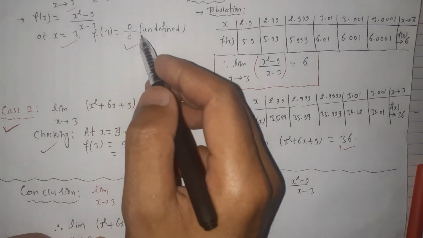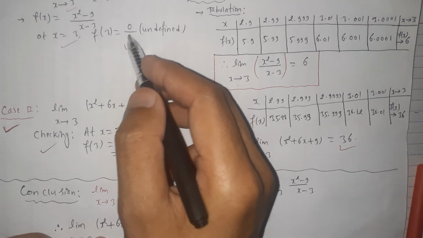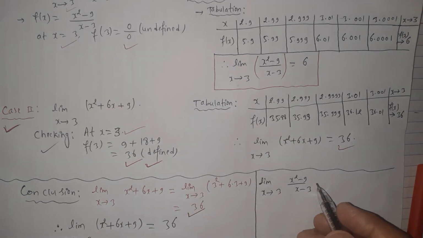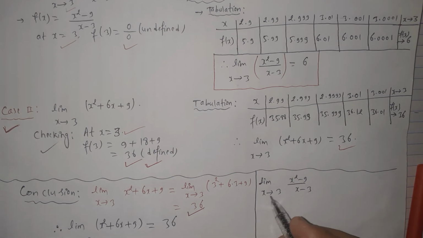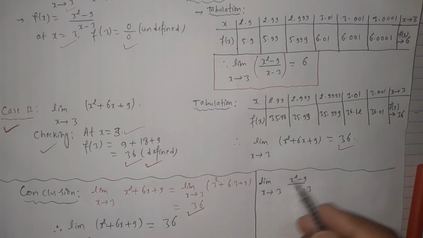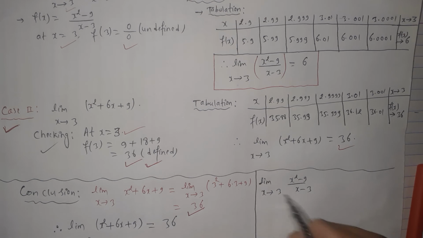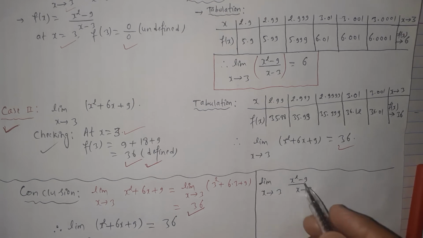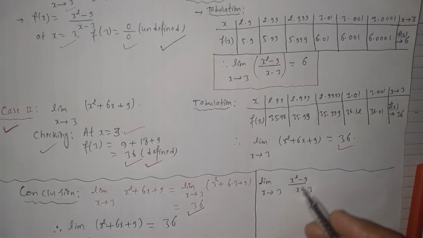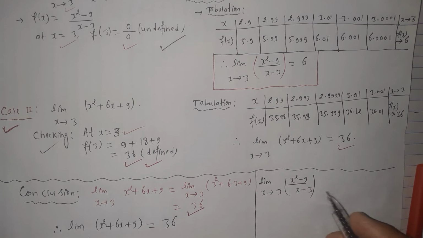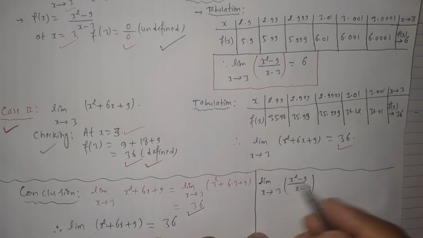Here we check, and it is undefined, and in the undefined condition we do not plug in the value of x directly. In the undefined condition, the limiting value will not be the value of the function when we substitute the direct value of x. So in the undefined case, we have to do some modifications on this function. Let's do the simplifications on this function.